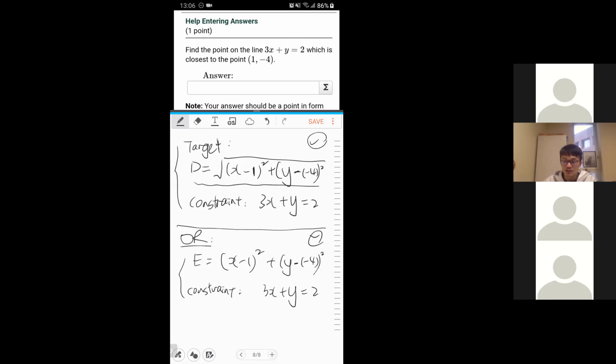On the other hand, this function right here doesn't have a square root and it's much easier to do with the derivative. Make sense to everyone? Okay.